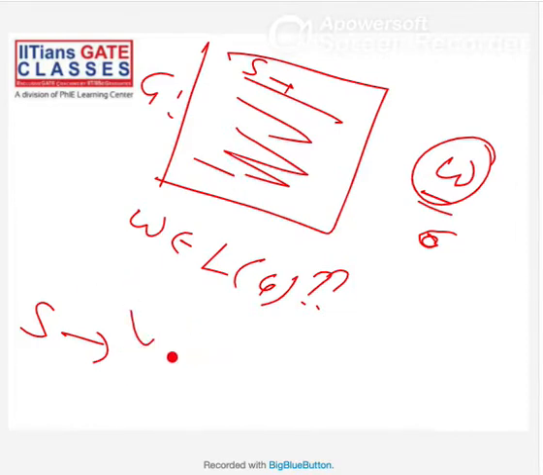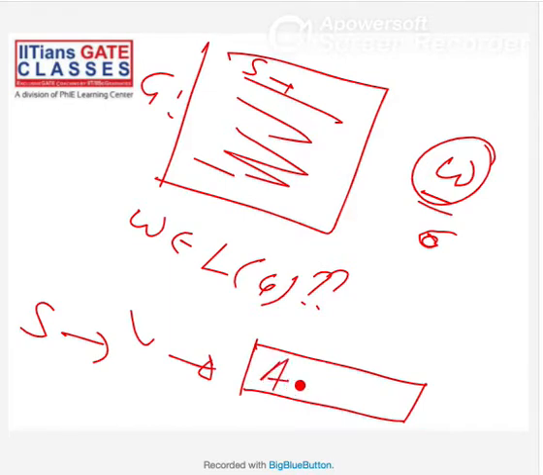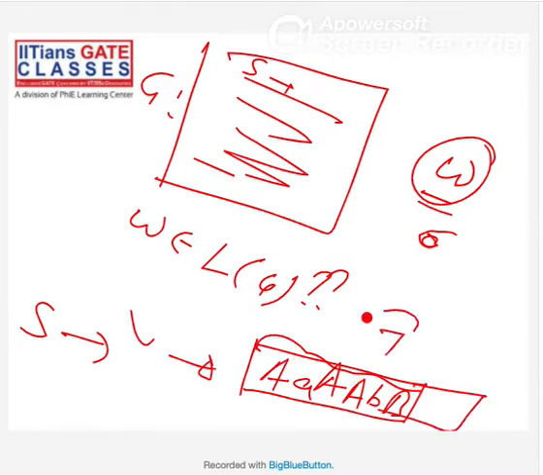Now at some point, let's assume you have a sequence of variables and terminals, something like small a, capital B, and so on. Let's assume you have a sequence of length 7, and this sequence has variables and terminals.